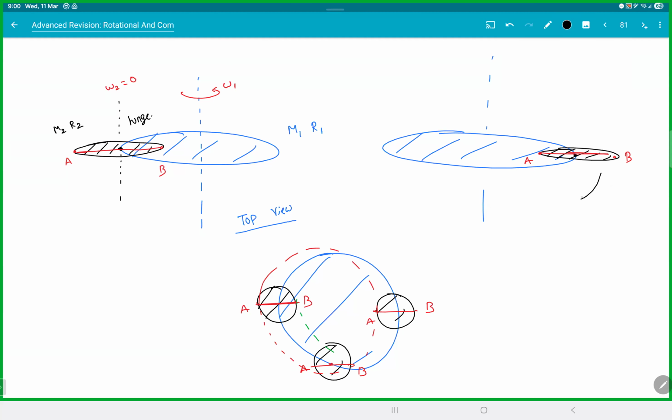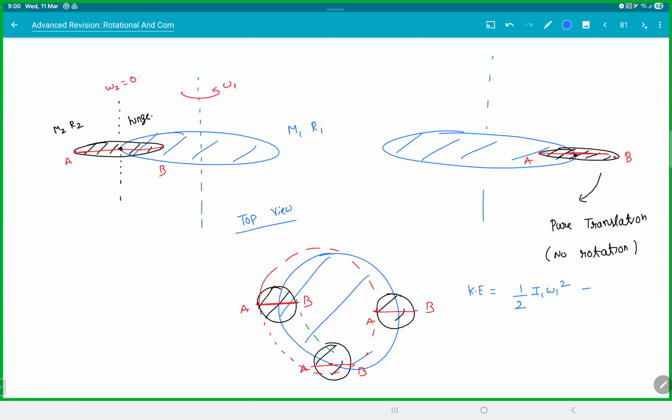So this disk is going in pure translation. There is no rotation, if you just hinge it. Sure with this? So what will be the kinetic energy of this system then? The kinetic energy of this system will be the big disk energy, half I1 omega 1 square.